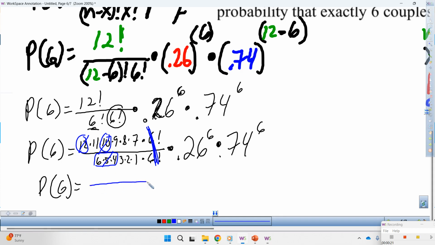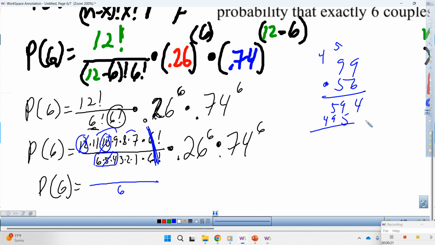So that's going to leave me 3 times 2 times 1 is 6 on the denominator. 11 times 9 times 8 times 10 is 56. That's 99 times 56. 54. I got 5. 54 and 5, that's 59. 45. I got 4. 45 plus 4, that's 49.